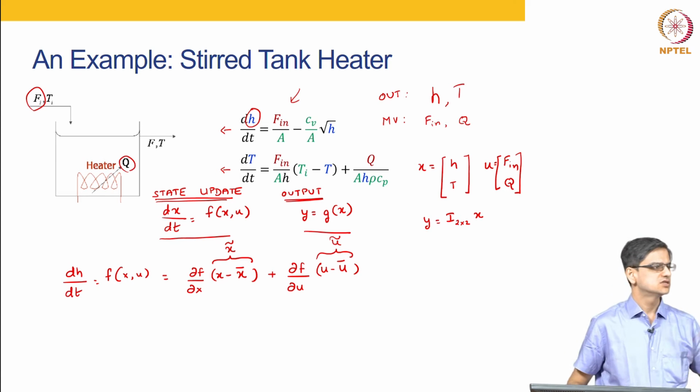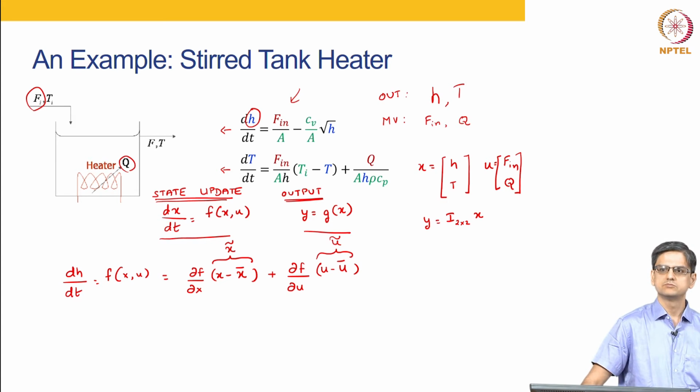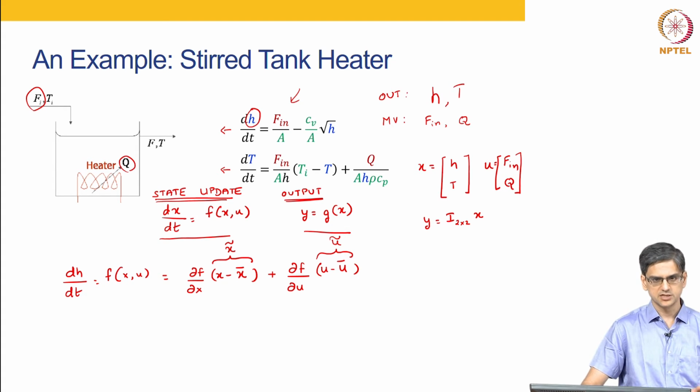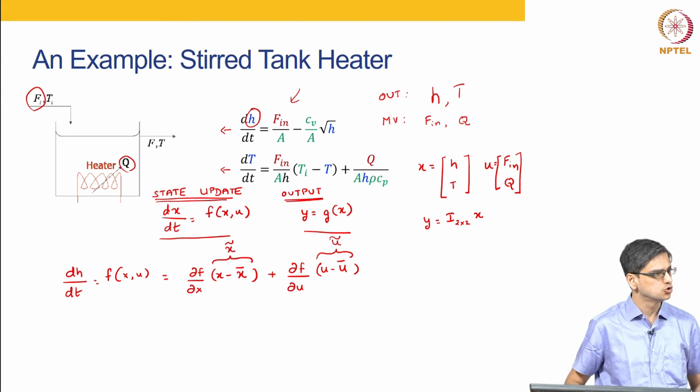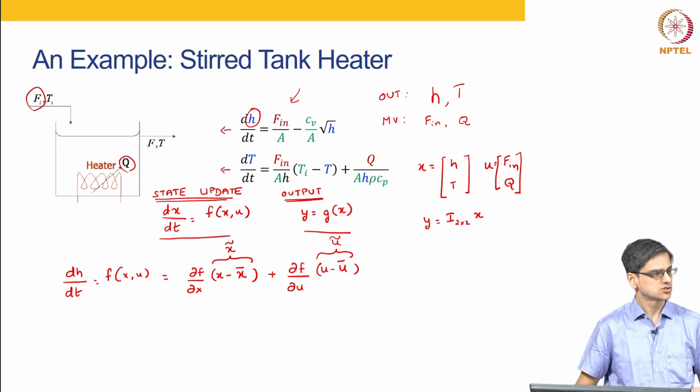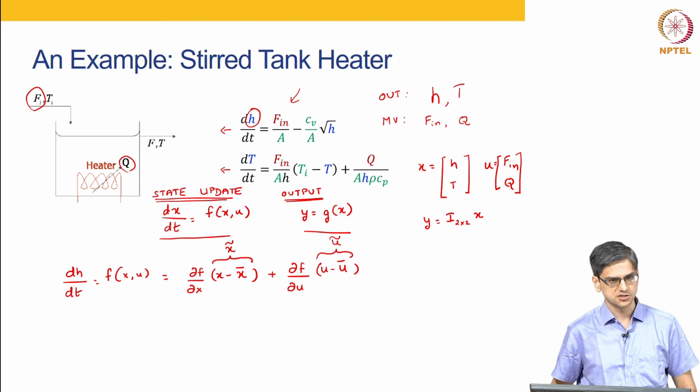Now, you have done this for SISO systems, right. If you are doing it for MIMO, it is straightforward, your Taylor series expansion df/dx gets replaced by a Jacobian. Okay. That is all that changes, there is no other change. Okay.